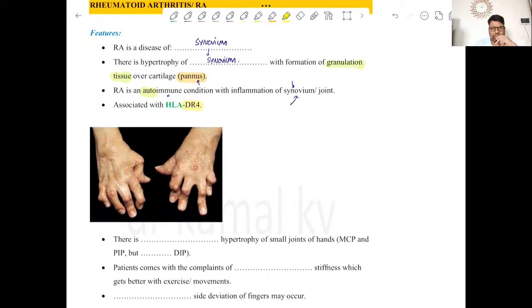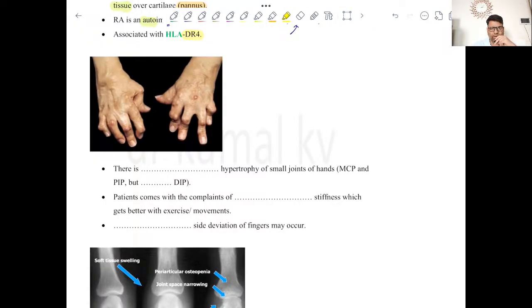Now this is a classical image of a case of rheumatoid arthritis, and most of the time the word which we characteristically use here is symmetric arthritis. Clear? We use the word symmetric arthritis because most of the time the lesions in both the hands are identical.